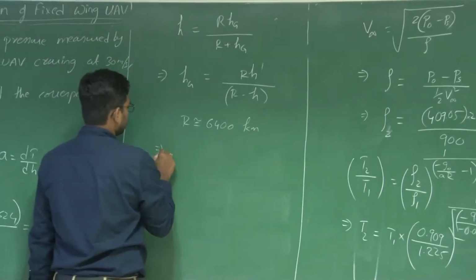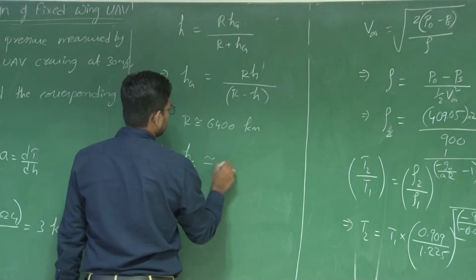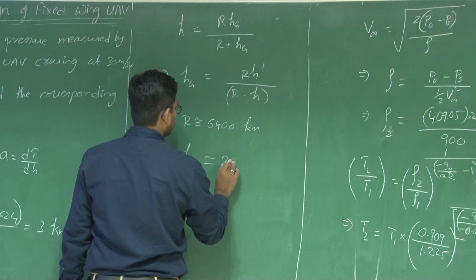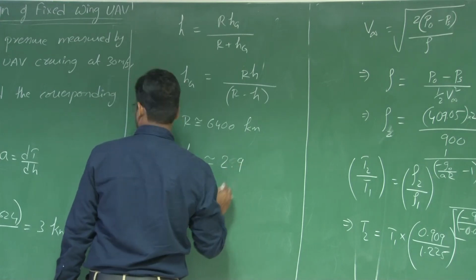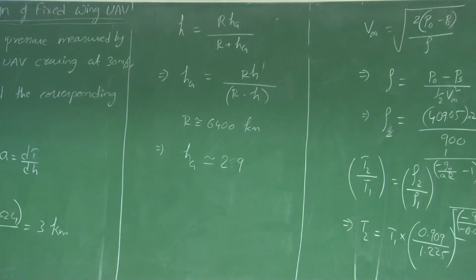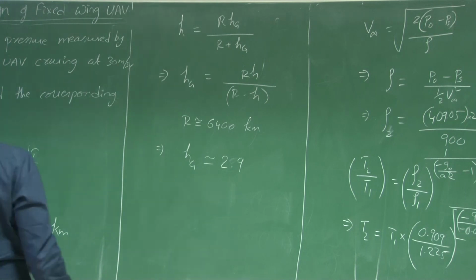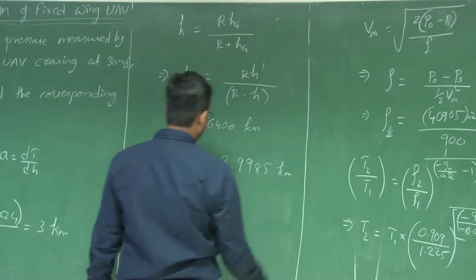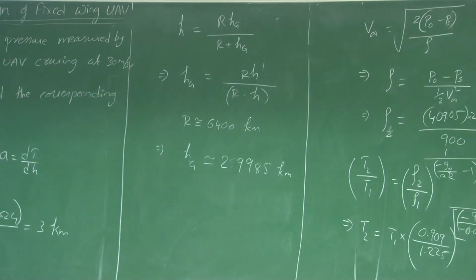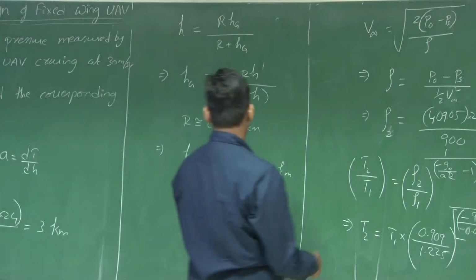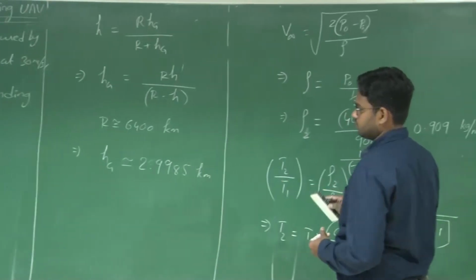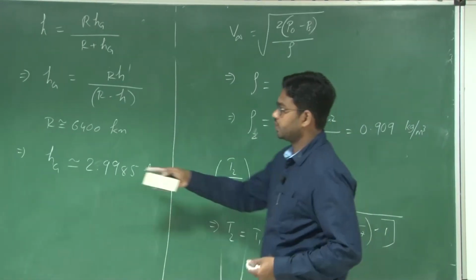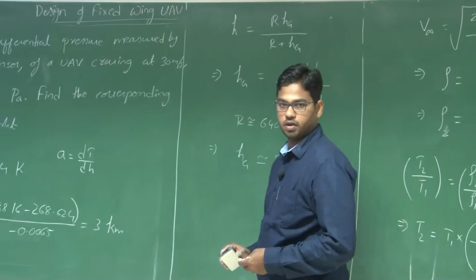So Hg turns out to be 2.9985 kilometers. So the difference between geometric altitude and geopotential altitude is hardly 1.5 meters.